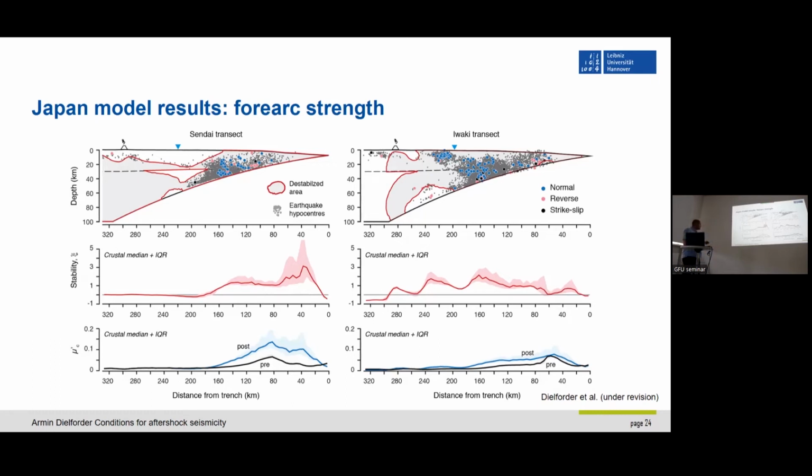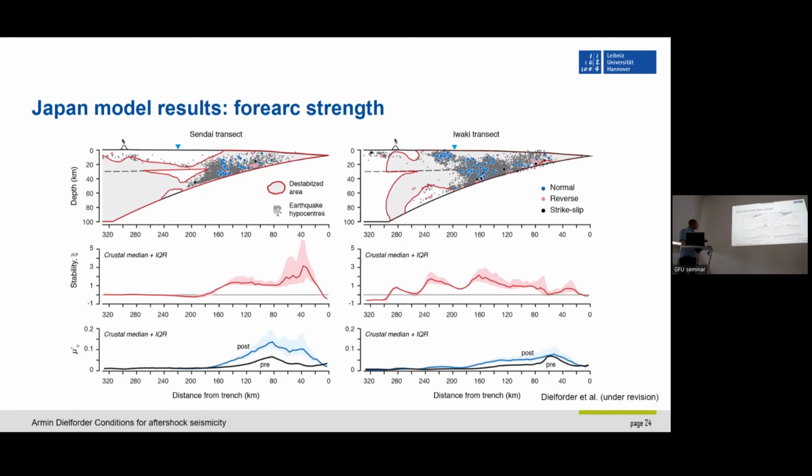And then it decreases landward, and it is very close to zero in the interior part of the forearc. And you can see that basically only half of the crustal volume here has destabilizing stress conditions anyway.